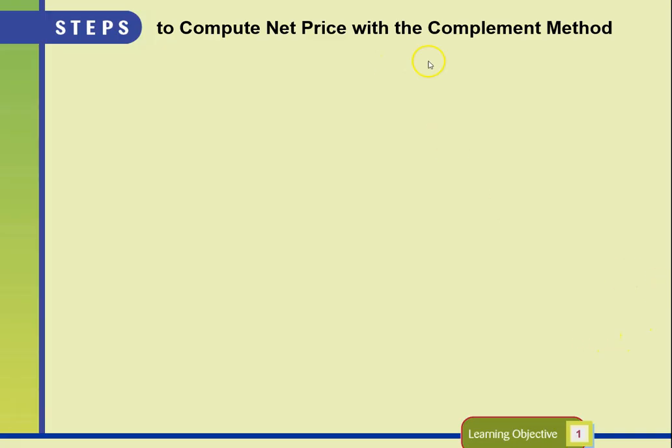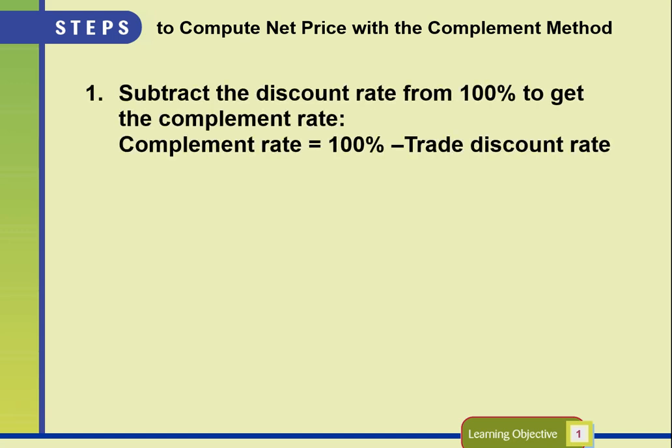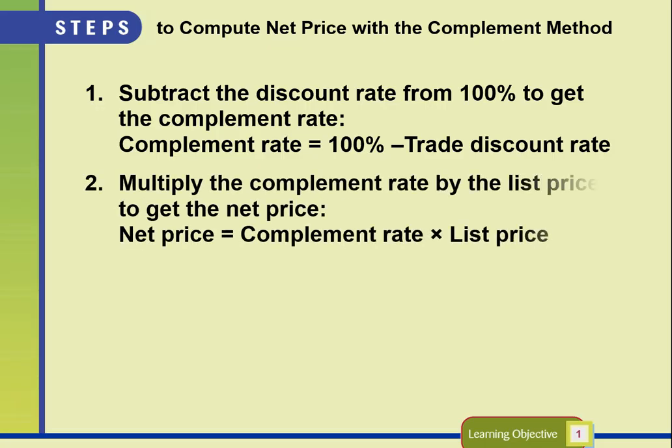The complement method makes finding the net price faster. Instead of subtracting the discount from 100% or the list price each time, we're going to use the complement of the discount right away. The first thing we're going to do is subtract the discount rate from 100% to get the complement rate.